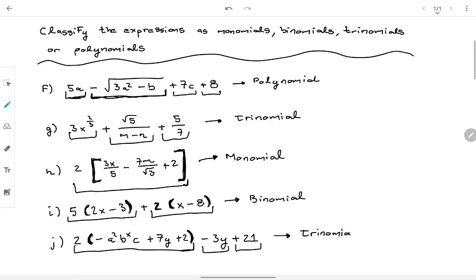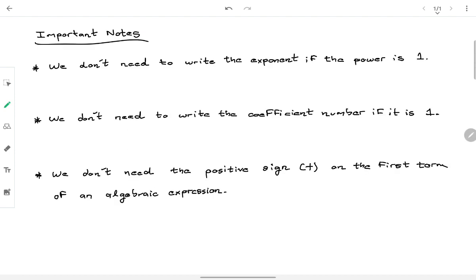So that will be it for the exercises to classify expressions as monomials, binomials, trinomials, or polynomials. I will do only another slide with some notes that will be important for you on these kinds of topics. These are three important notes that will also help you when writing or seeing algebraic expressions or terms.